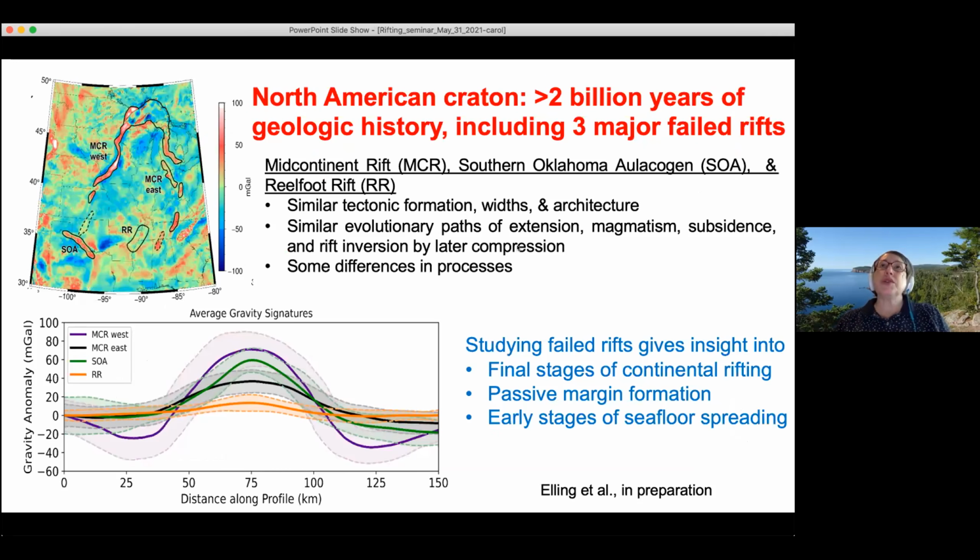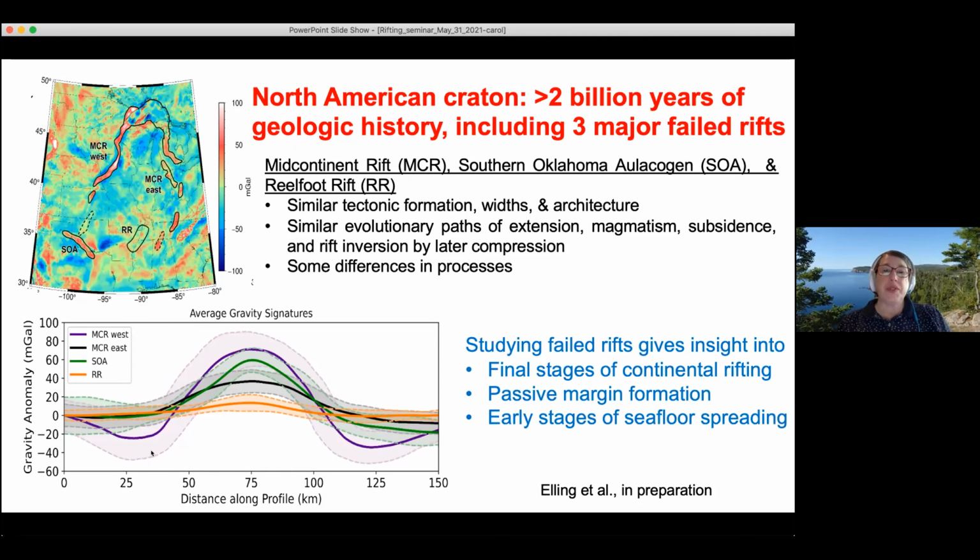North America's craton Laurentia has seen over 2 billion years of geologic history, and there are three major rifts that I'm showing you in this figure: the Midcontinent Rift, the Southern Oklahoma Aulacogen, and the Reelfoot Rift.